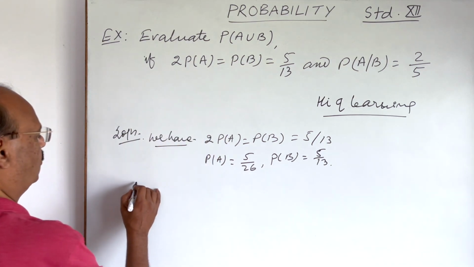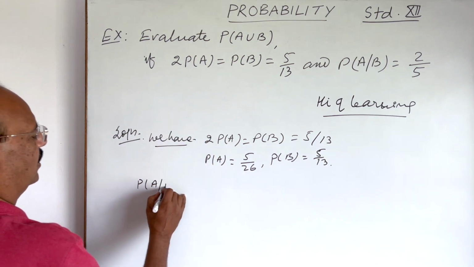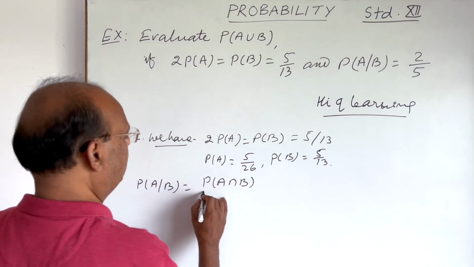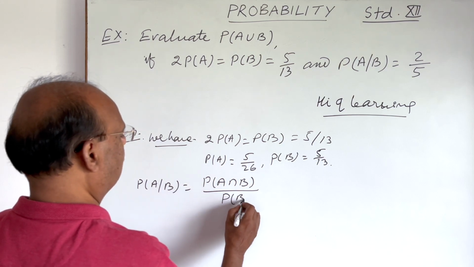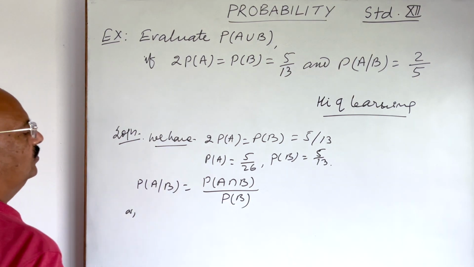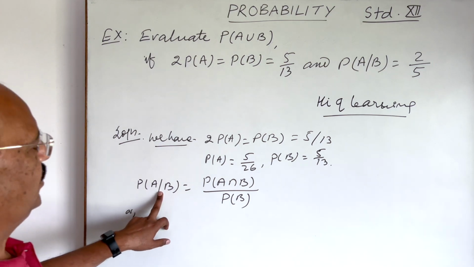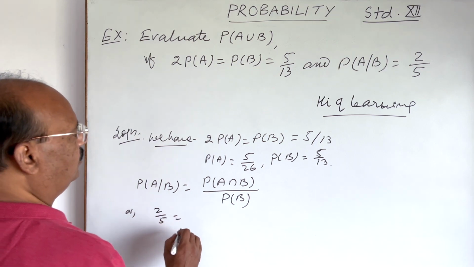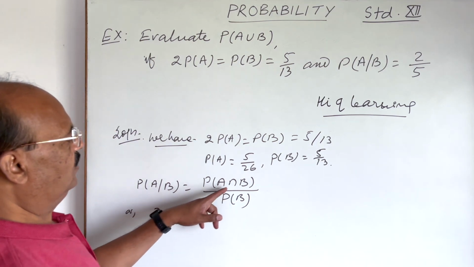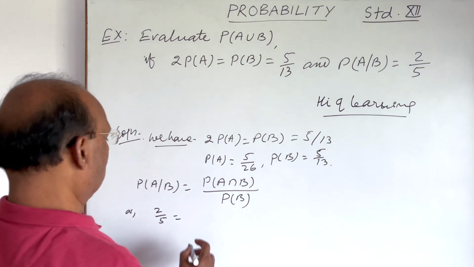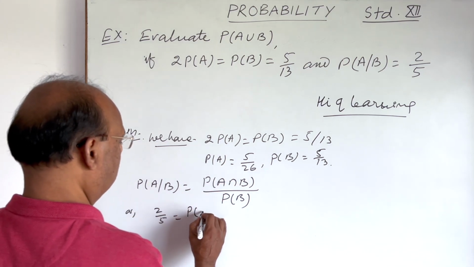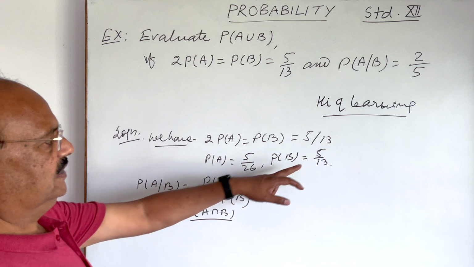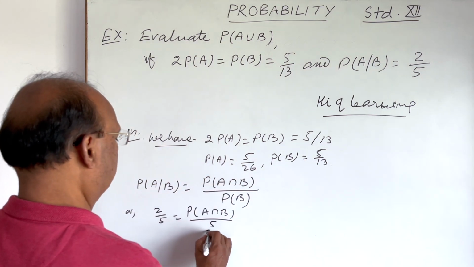So let us use the formula here. Probability of A condition to B is equal to probability of A intersection B divided by probability of B. Probability of A condition to B is already given, this is 2 by 5, is equal to probability of A intersection B, which is not known, divided by probability of B, which is 5 by 13.